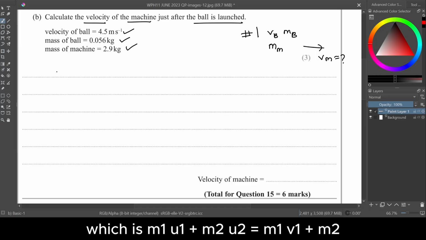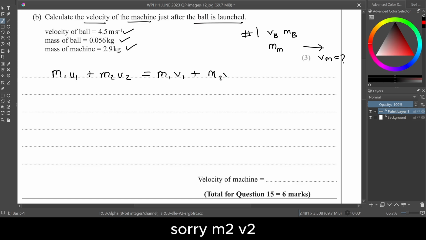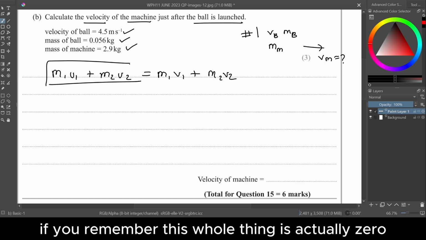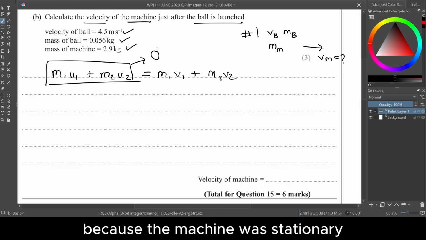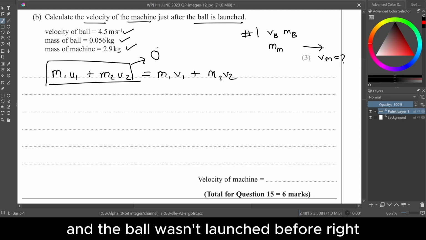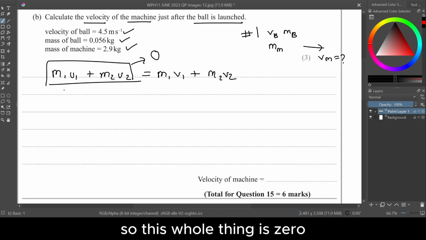We can use the conservation of momentum, which is m1 u1 plus m2 u2 equals m1 v1 plus m2 v2. And from the previous part, if you remember, this whole thing is actually 0 because the machine was stationary and the ball wasn't launched before, right? So this whole thing is 0.